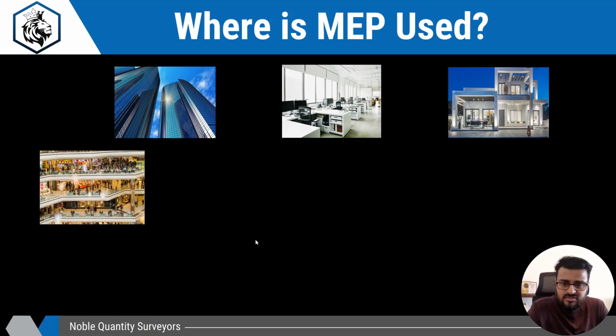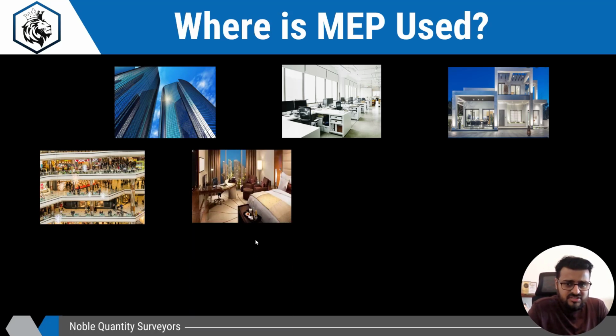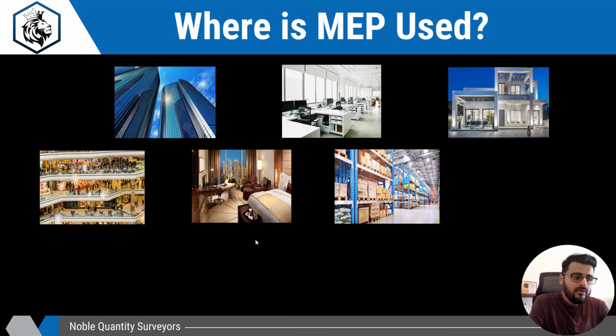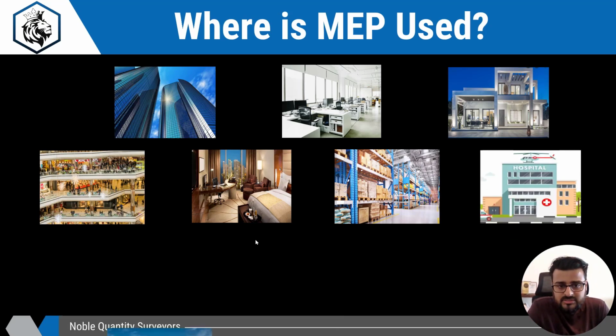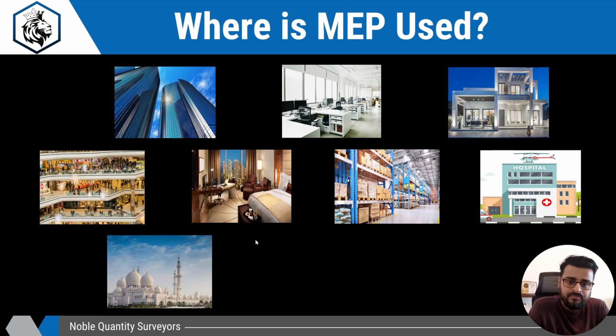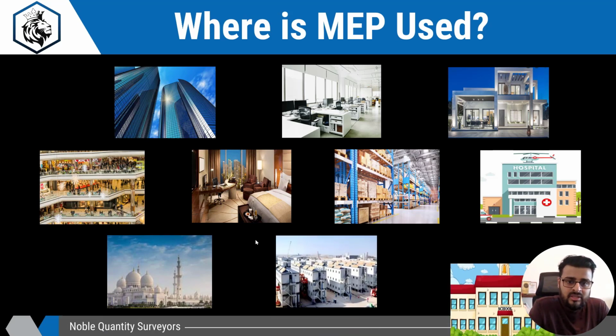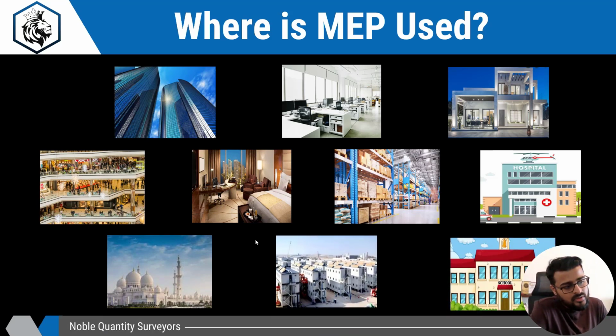The next is shopping malls, then hotels, where MEP works are also used. Next are warehouse buildings, hospitals, mosques, labor camps and schools. So these are the selected projects where MEP has importance.